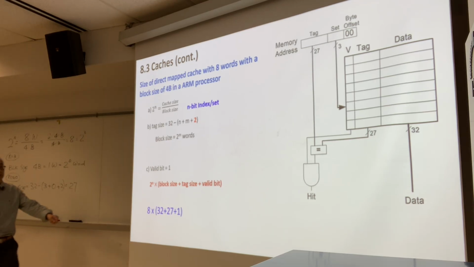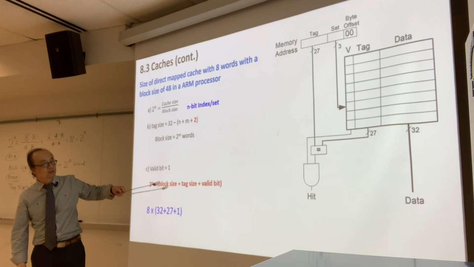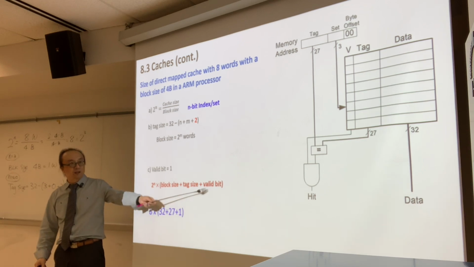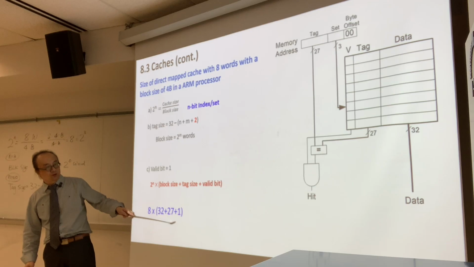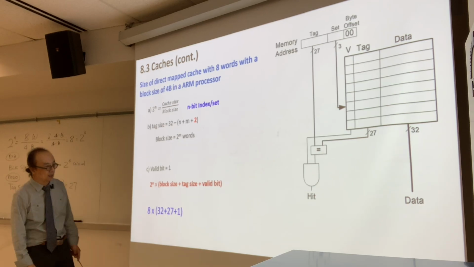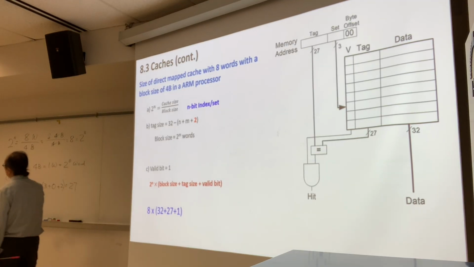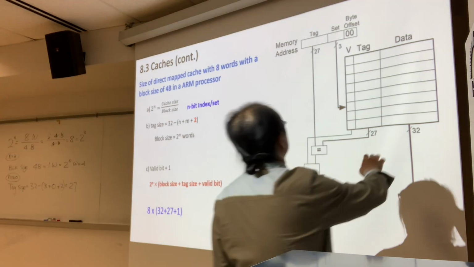So now the block size, we have 32 bits, tag size 27 bits, and then valid bit is 1. So that is the total size of cache, 8 by 60. Yeah, everything has to be in bits. If I ask you to find byte, you can simply say 60 byte, right?